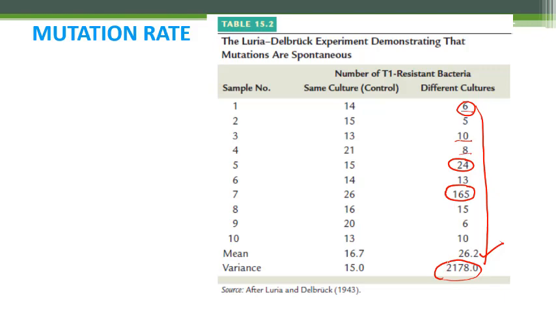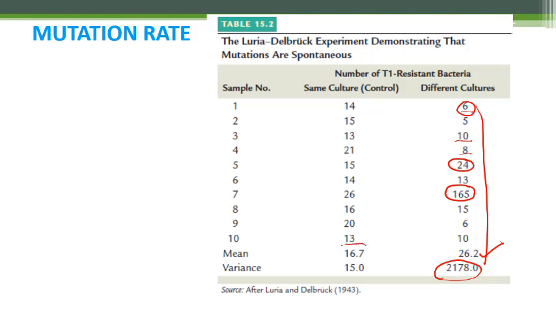Standard deviation tells how different these values are from the mean. So the mean is 26.2 and the standard deviation is 2178.0. So it is quite different from the mean. The standard deviation is very large.